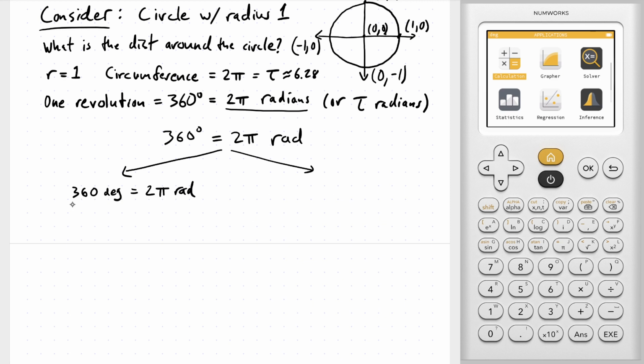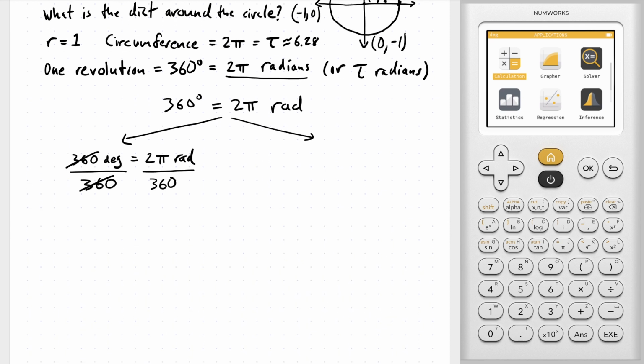radians. And if I divide both sides of this equation by 360, this will cancel out with this, and what I'll end up with is that the degrees is equal to 2 pi divided by, sorry, I'm going to reduce this.